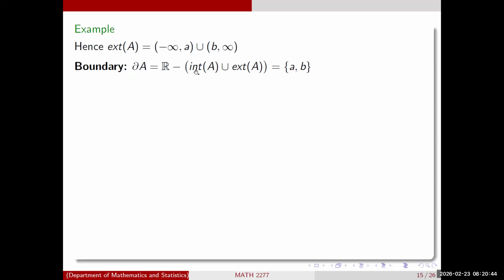So we're going to remove from it the interior and the exterior, and whatever is left has to be the boundary, right? So the interior union the exterior, and if you look at what is the real numbers and you remove all those points, then they are just two points, A and B. Okay, so A and B are boundary points of A.